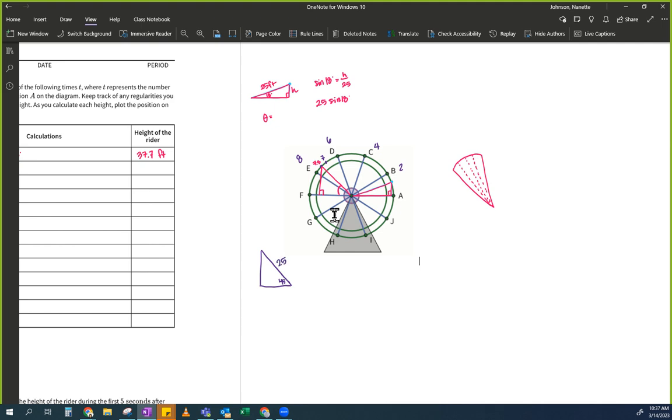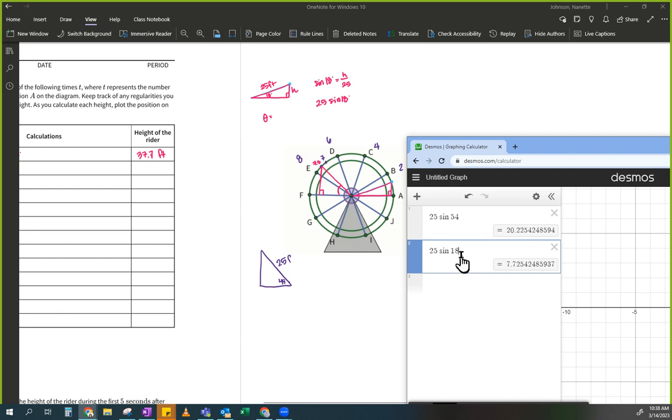This is still my H, so I'm going to go with 25 sine 45 degrees, which again, in my calculator, it's like, man, I keep saying this thing over and over again. That's so cool. Anybody see this pattern right here?